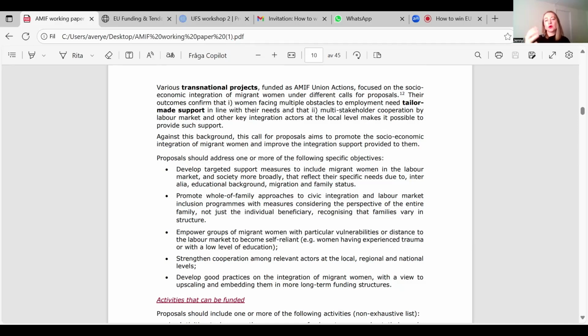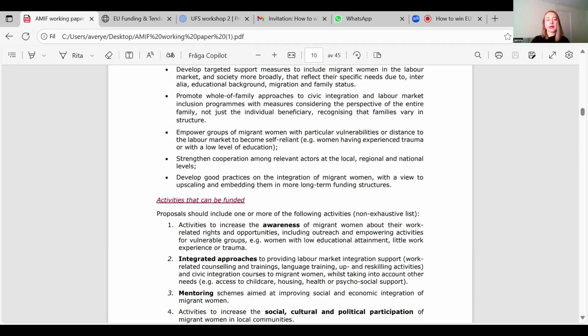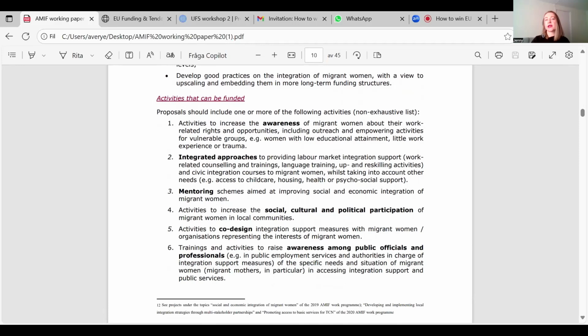So basically, they write exactly what they want. They want one of those: awareness raising, integrated approaches to work, life, education, reskilling, something like a holistic solution, mentoring approaches, and they also want to include public officials and professionals.